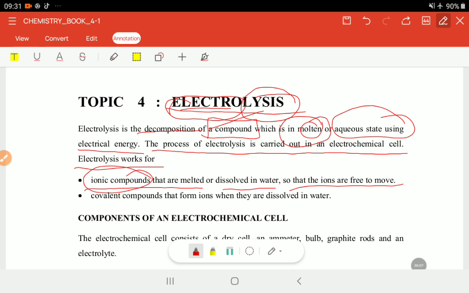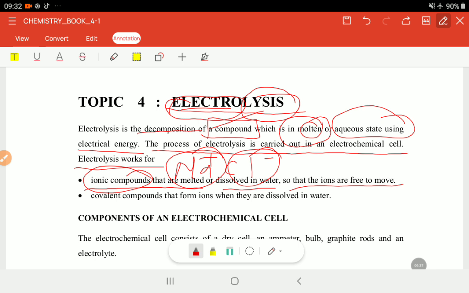Positive charges and negative charges come together and form that compound. When it is melted, like the sodium chloride in our example, we have two parts: chloride, one negative, and sodium, one positive.